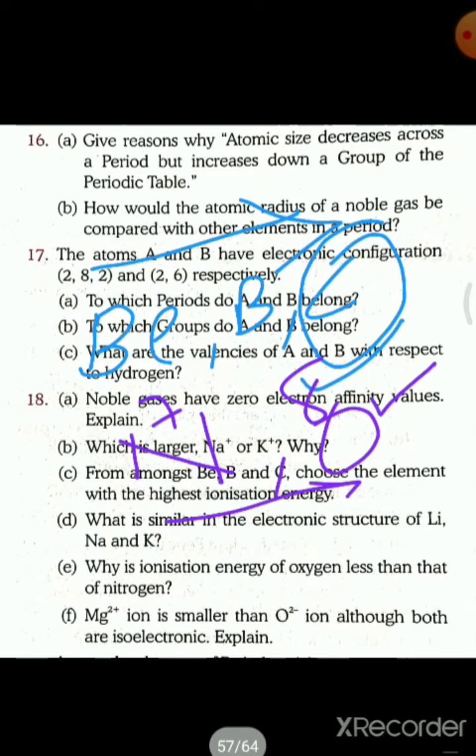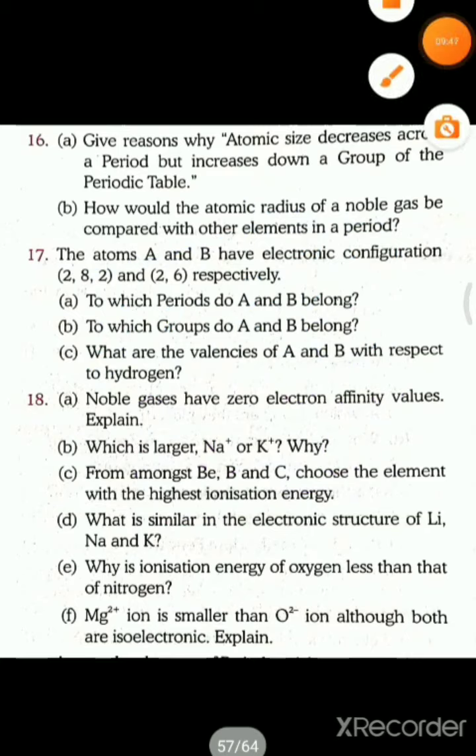This is due to an electron being added to the already half filled orbital in oxygen, which results in electron-electron repulsion, which will lower the ionization energy. So I told you before that if there is a half filled orbital, then there will be more electron-electron repulsion.